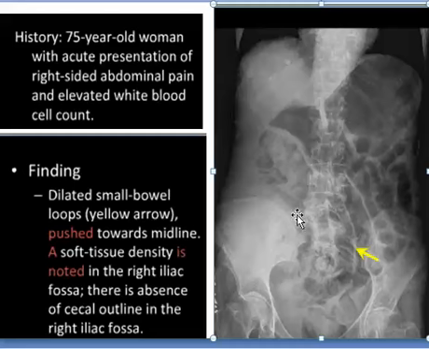A soft tissue mass is noted here, soft tissue tumefaction. Density is noted at the right iliac fossa, and there is absence of the cecal outline. The cecum could not be traced to the right iliac fossa. So the small intestinal loops are pushed toward the midline. The stomach is dilated, and there is soft tissue tumefaction at the right iliac fossa.